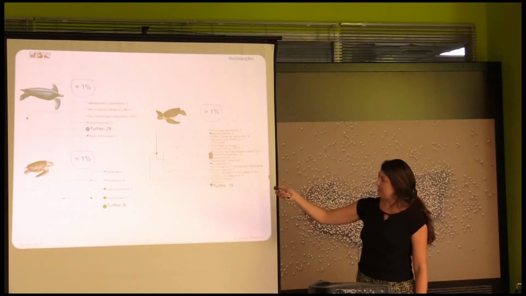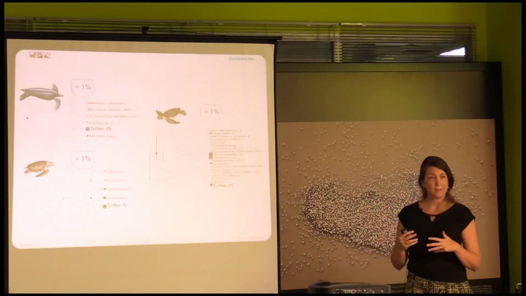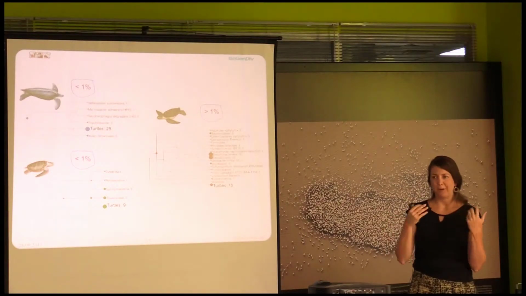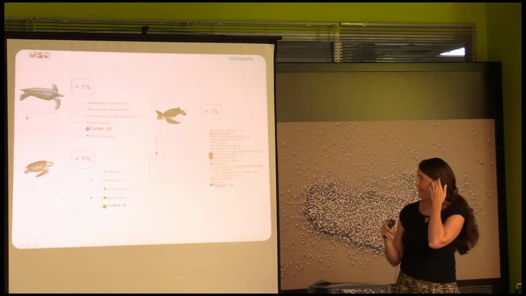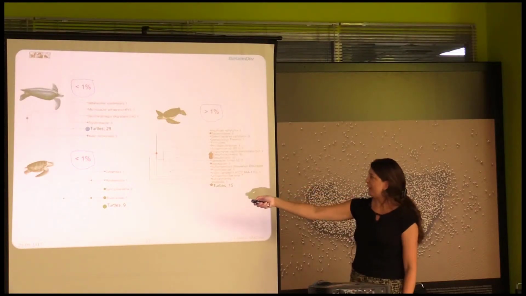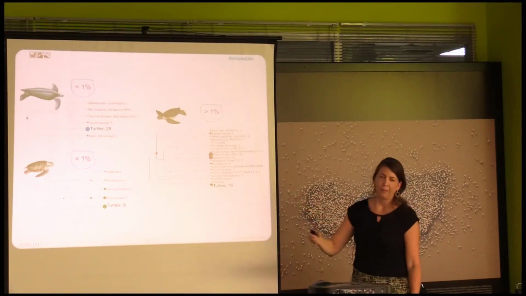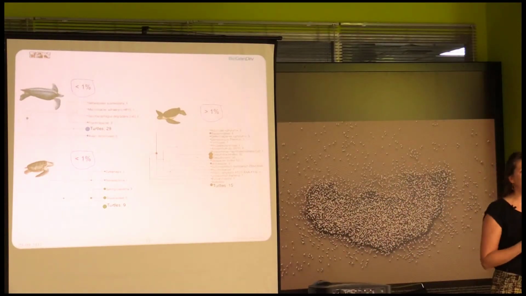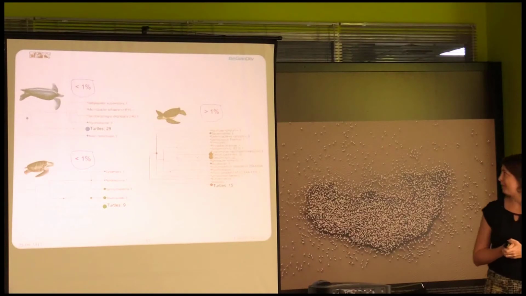So we still got some turtle sequences, it's just that they were a bit too far apart for the identity thresholds that we used before, but we got some bacteria as well. Here, this is all bacteria, which is fine. We had a skin sample, so we expect to have some bacteria in there, and we did find it.